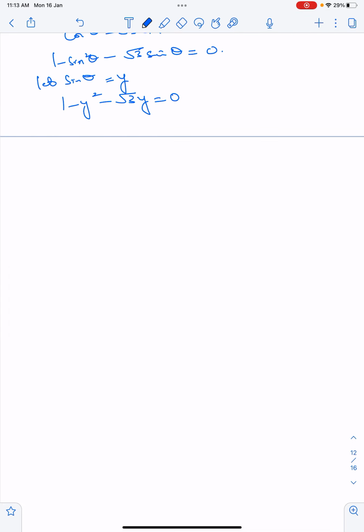So, I am shifting all the terms to the other side, y square plus root 3y minus 1 equals to 0. Okay. So, if I take a as 1, b is root 3 and c is minus 1 and apply the quadratic formula, I get the values of y. Okay.